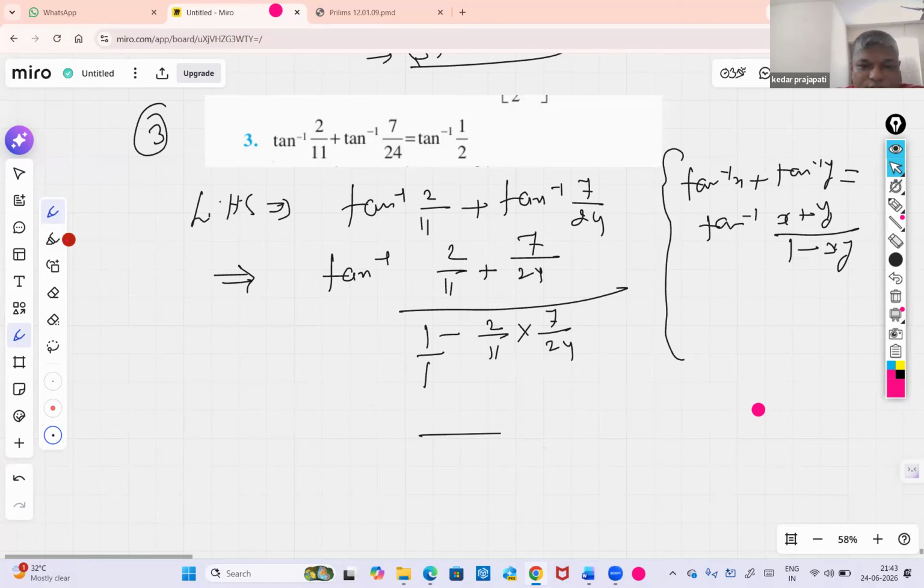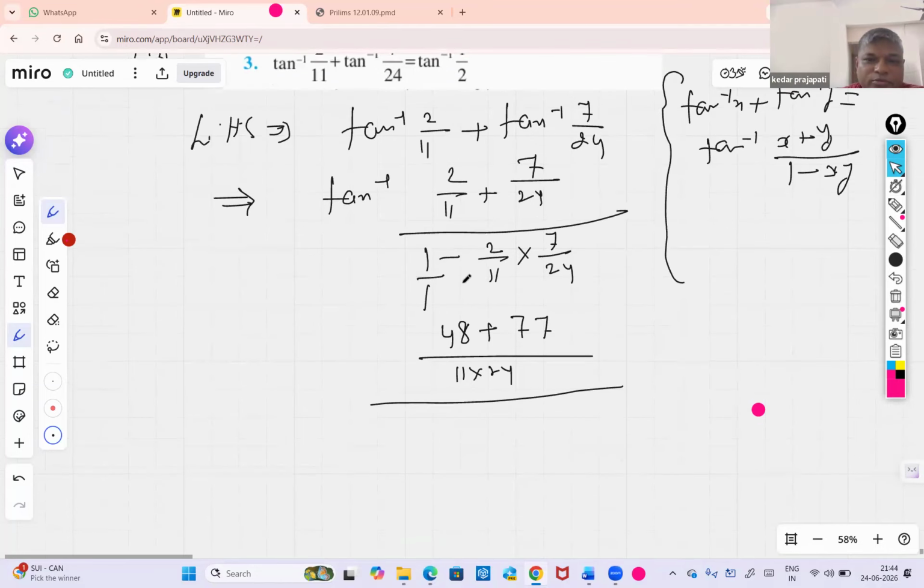Here it is 11 into 24. 11 into 2 into 24 is 48, plus 24 is already there, so 11 into 7 is 77.